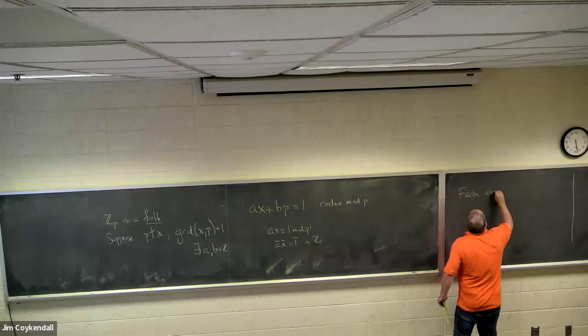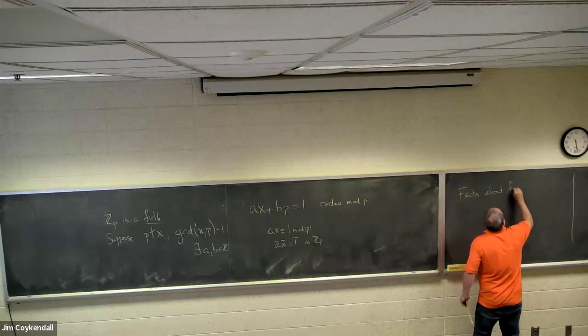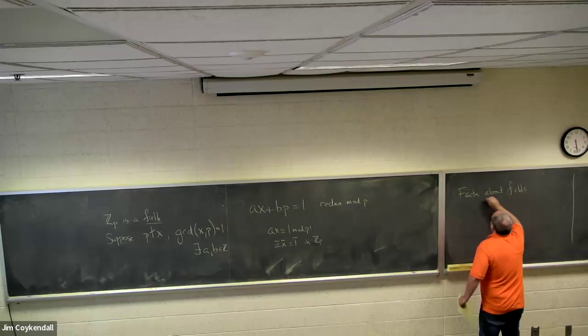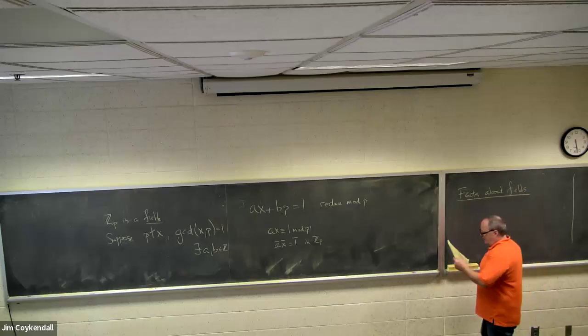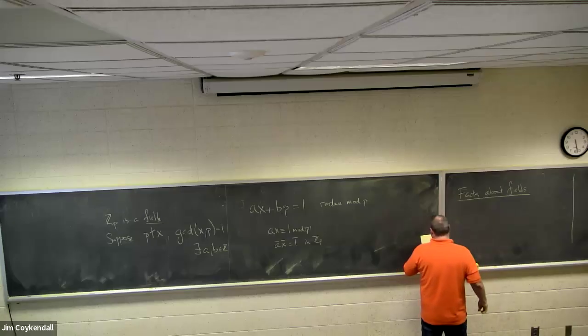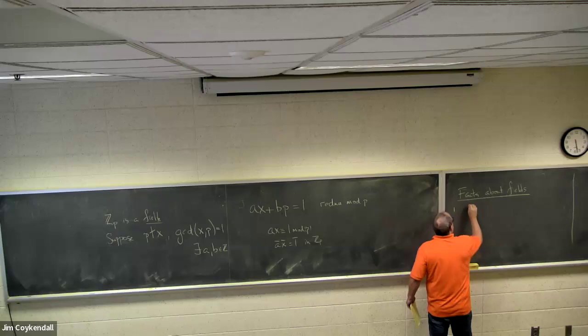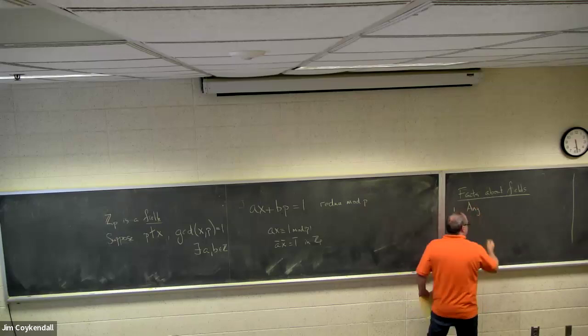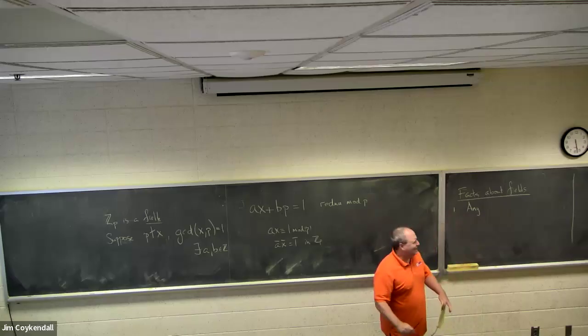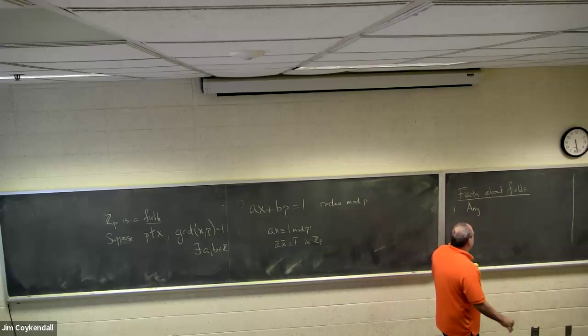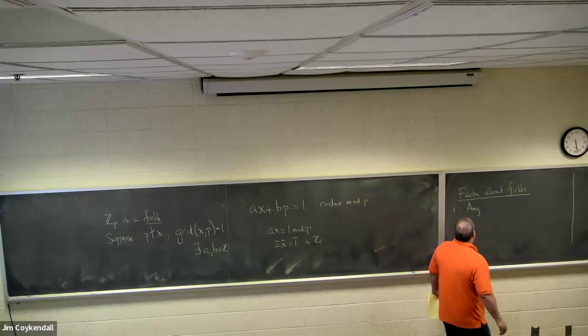Facts about this. Number one, this is technical, and I put this in. Some of you may not know what this means, and that's okay, because some will, and I'm not going to use the sentence later.